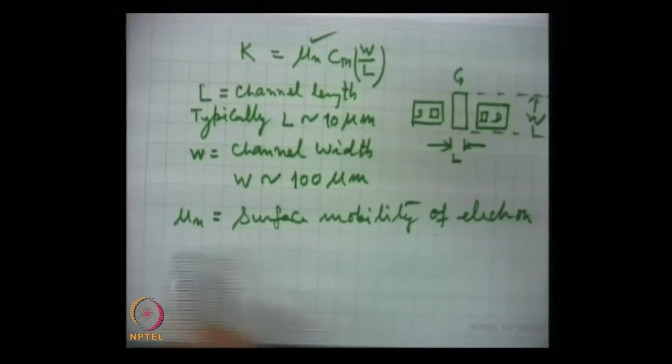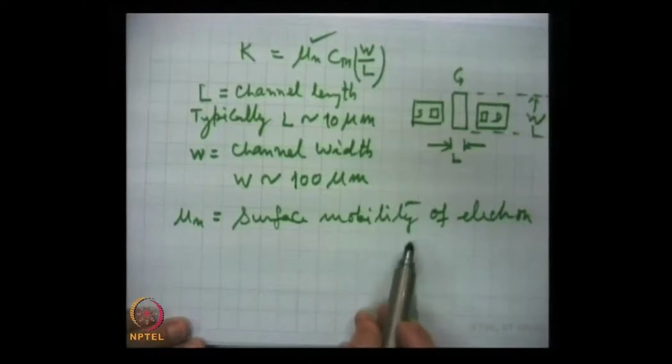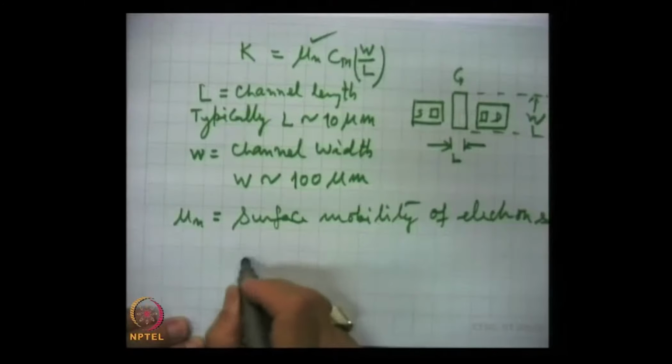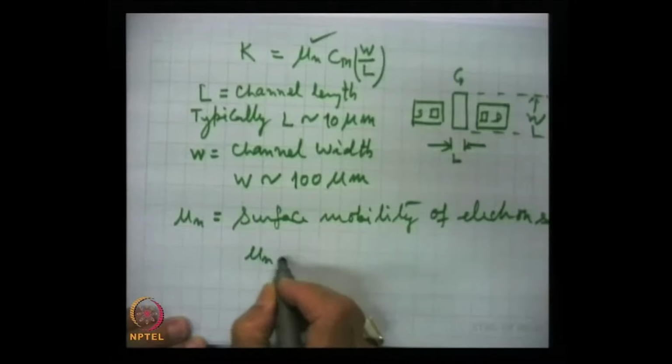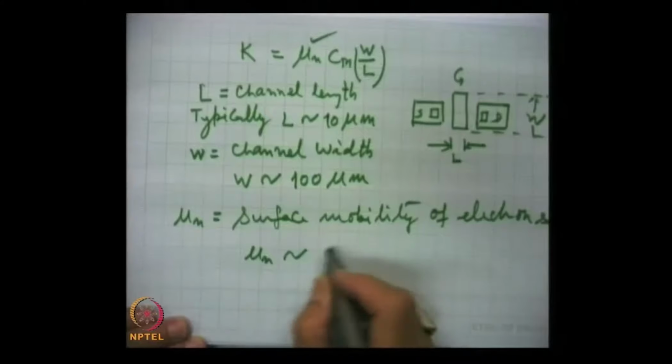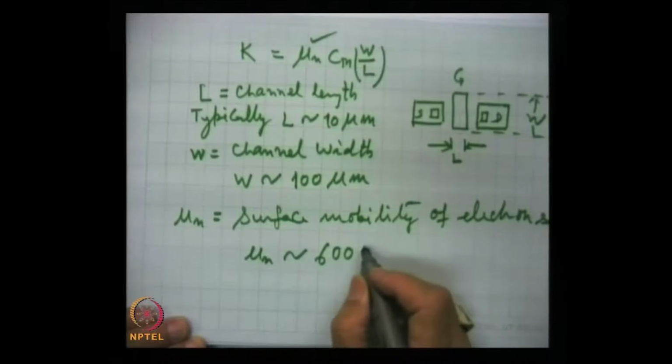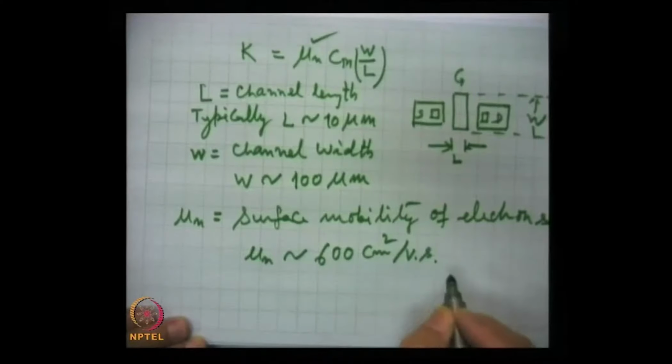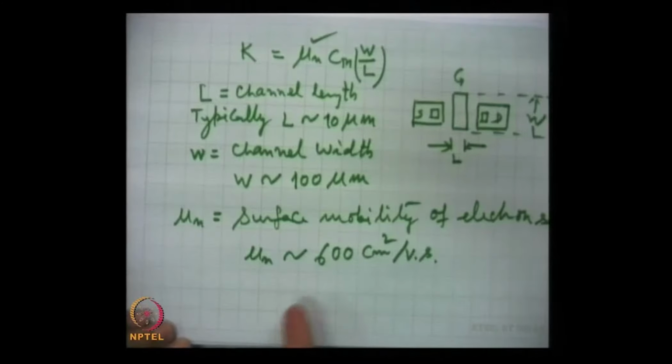So, we are concerned with the surface mobility of electrons, and this is around 600 centimeter square per volt second.